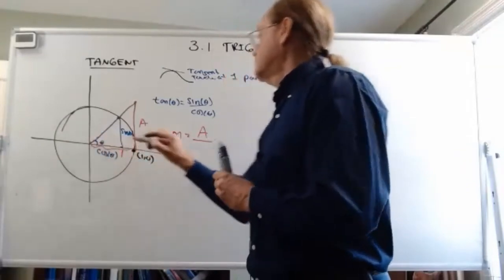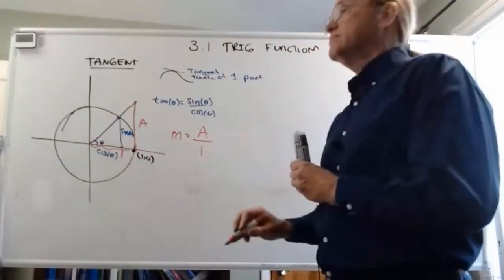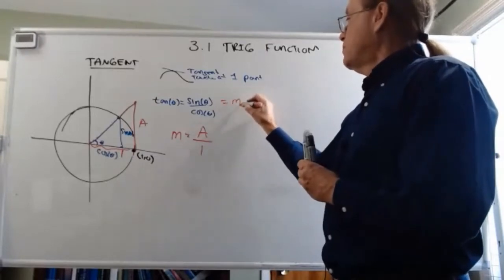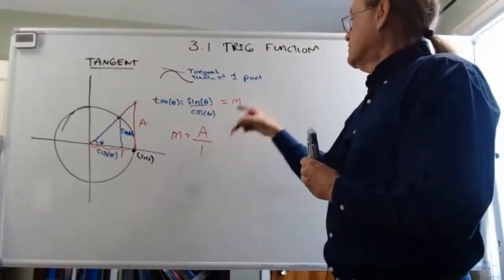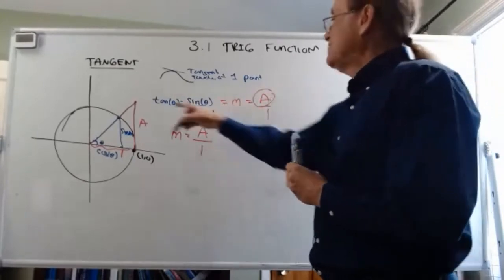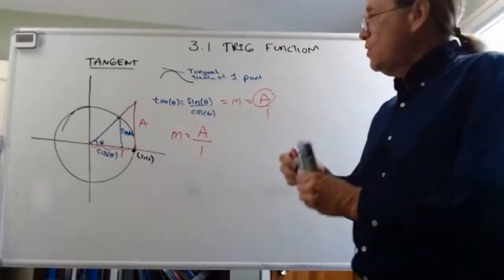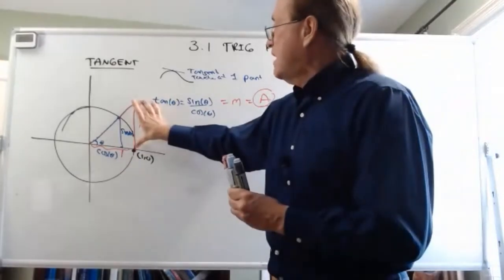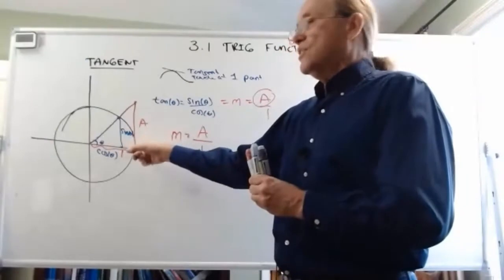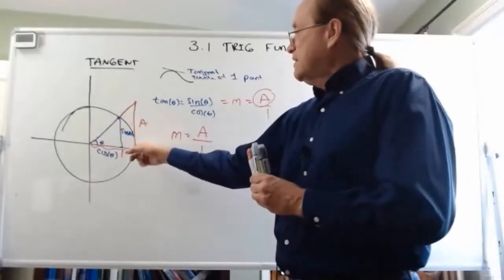This entire distance takes me up for the unit circle, A over 1. Well, this is nothing more than the slope, and we're calling that the tangent, so that's equal to A over 1, so that means A is defined as tangent. The tangent is nothing more than the length of that side of this extended triangle that just touches the unit circle at that point.